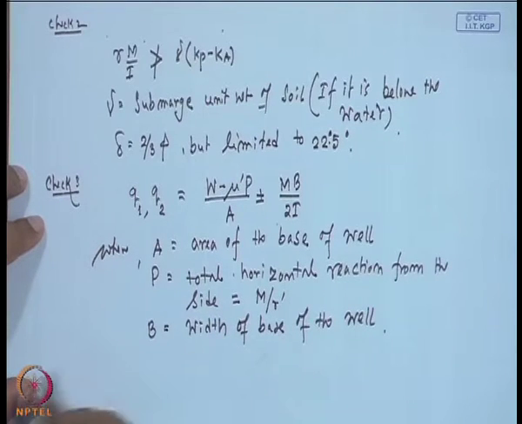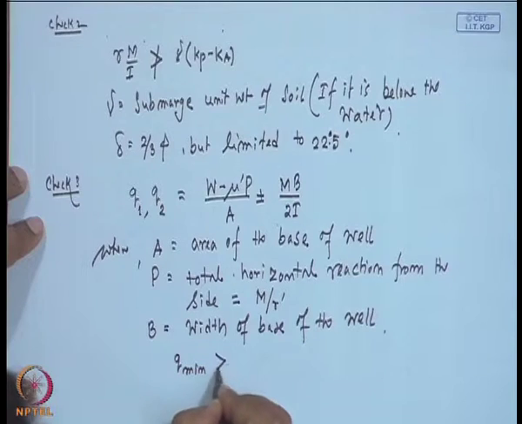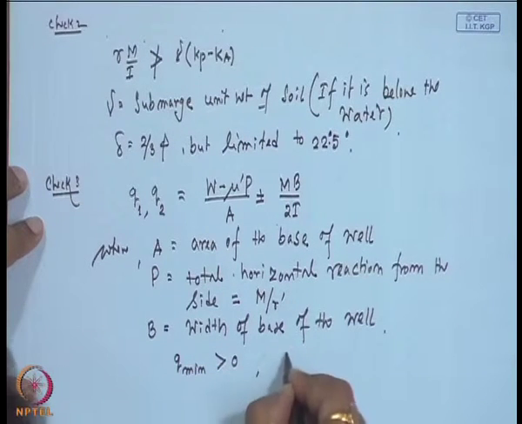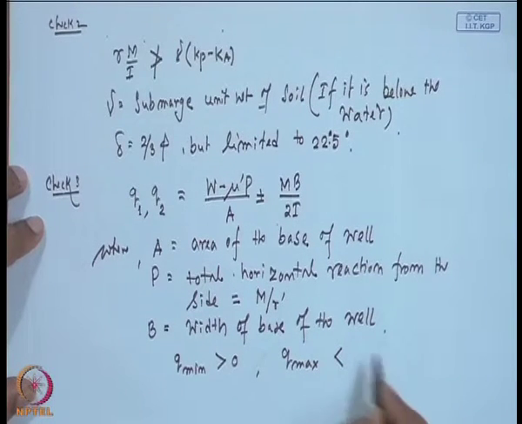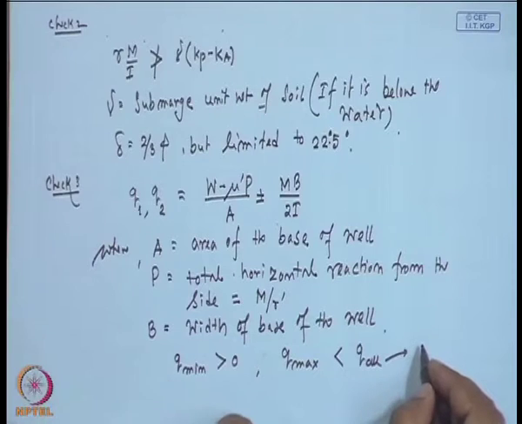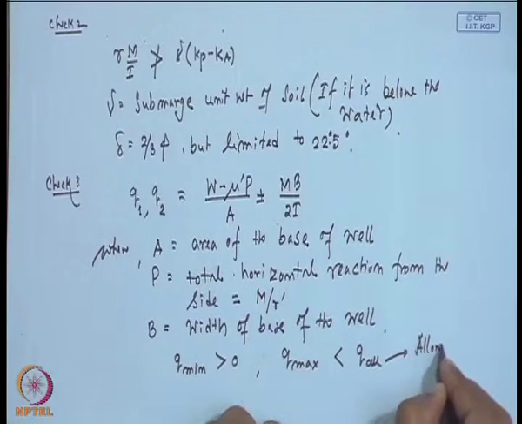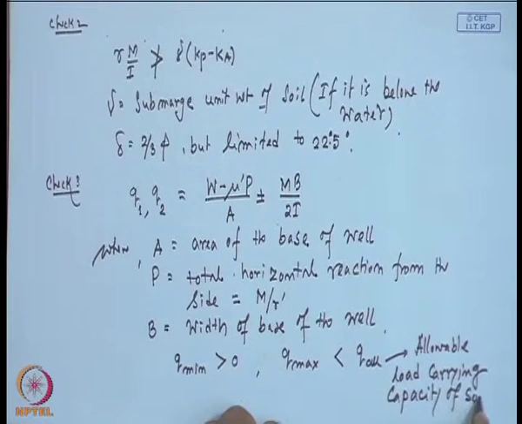Once you calculate this Q 1 and Q 2, then you have to check that Q minimum should be greater than 0, and Q maximum should be less than Q allowable, the allowable load or stress carrying capacity of soil.